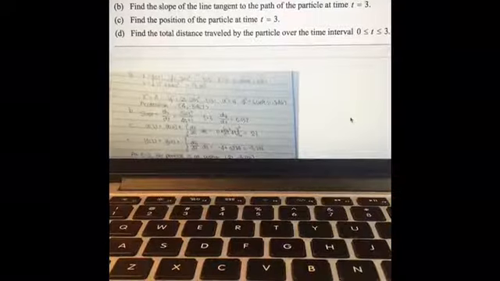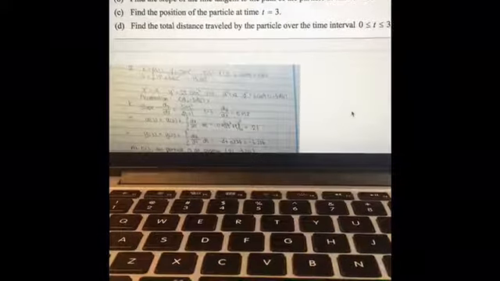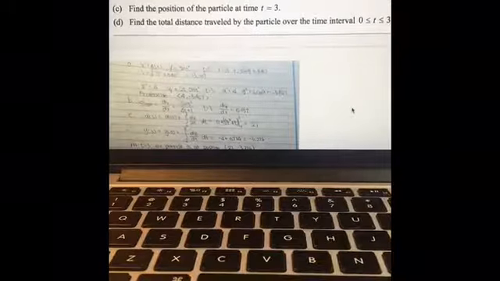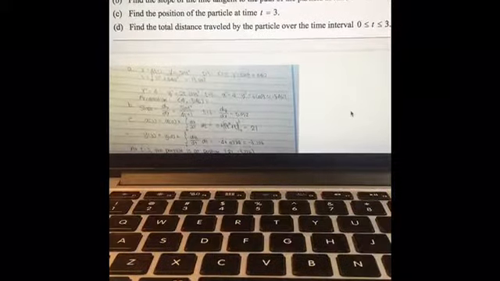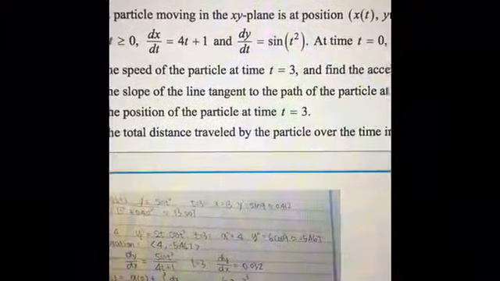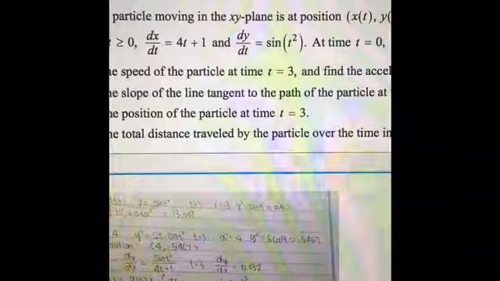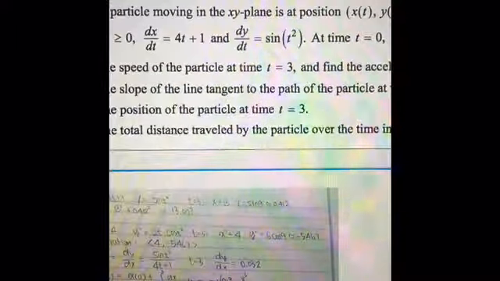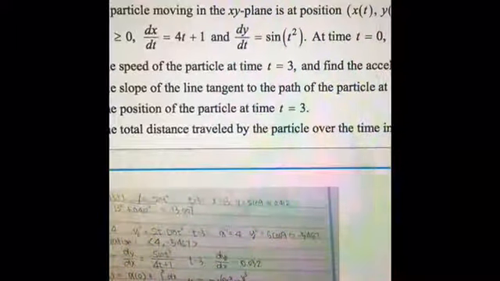In question B, it asks us to find the slope of the line tangent to the path of a particle at time t equals 3. And to find the slope, we know slope is dy over dx. In the question, we have dy over dt and dx over dt, so we divide them and we'll get dy over dx.